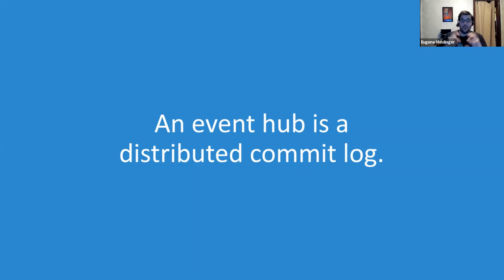You do some code and you commit, and it gets appended at the end. And it's also distributed because the data can be stored in multiple places. The difference is that when it comes to Git, it doesn't have to be linear, right? You can fork and branch and do all this kind of stuff. But one of the ways to think about Event Hubs is it's a distributed commit log.